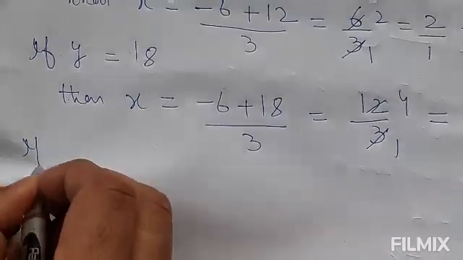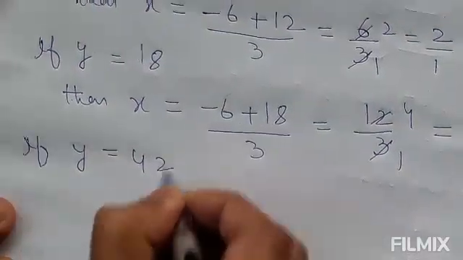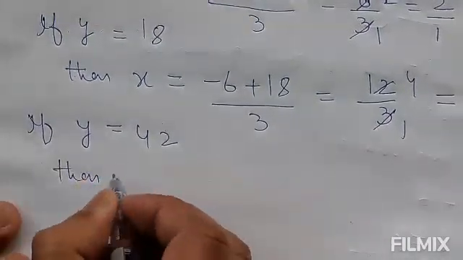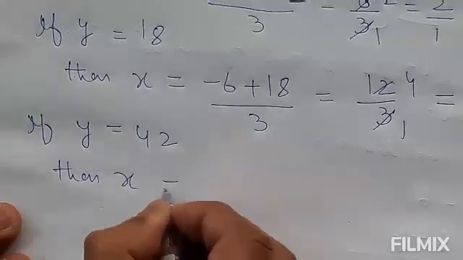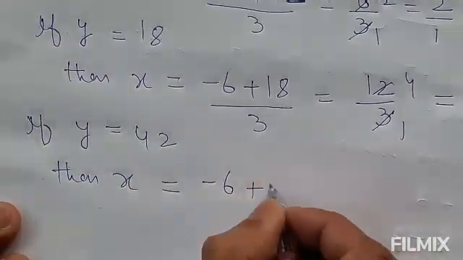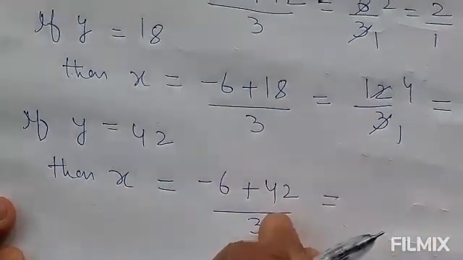Similarly, if we put y equal to 42, then x equal to minus 6 plus 42 divided by 3.